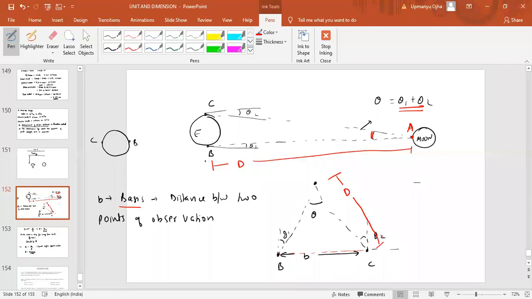If this is D, now can we say that if I make a right angle triangle like this, then tan theta, or tan theta 1, or tan theta 2 would be equal to what? B by 2D. Or we can say like this also that tan theta must be equal to B by 2 over D.